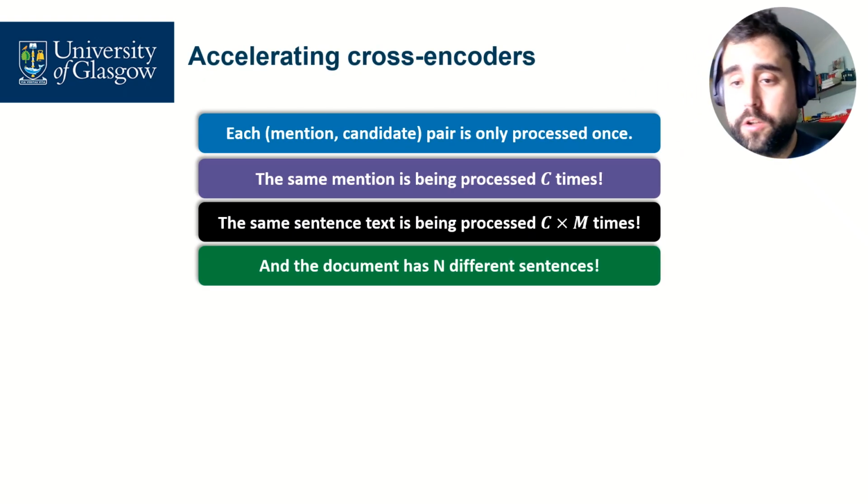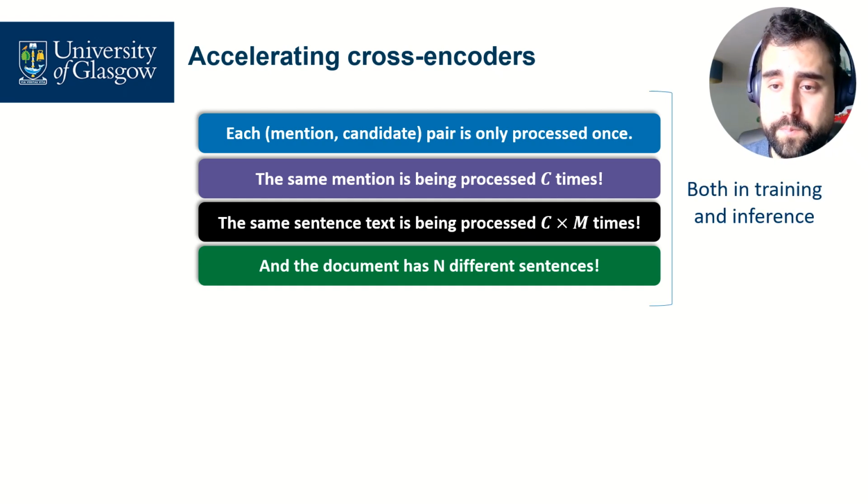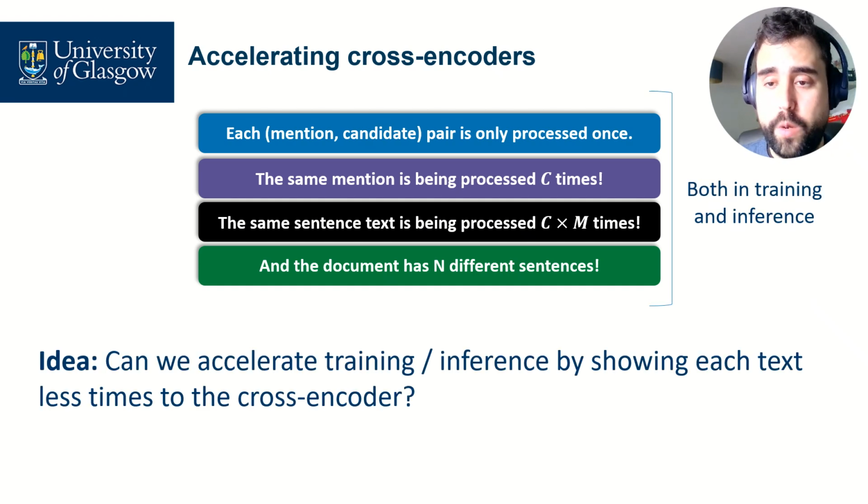And all these calls are produced both in training and inference. So we had this idea of whether we could accelerate training and inference by showing the information fewer times to the cross-encoder, by making fewer calls to the cross-encoder. And for that, we propose several models.